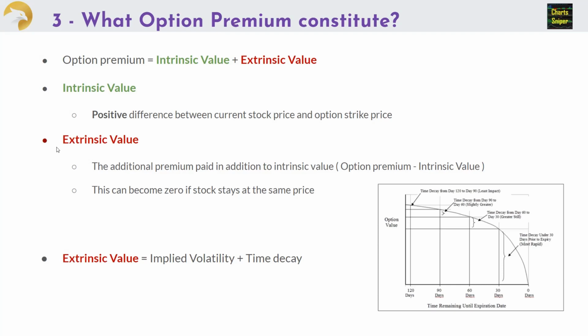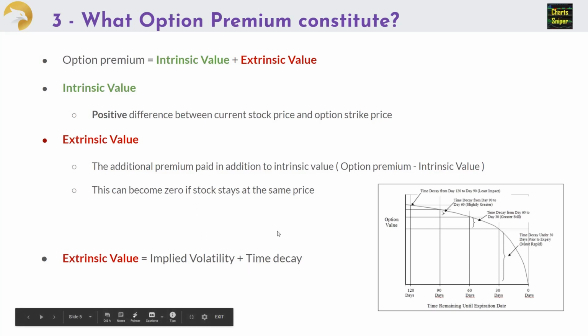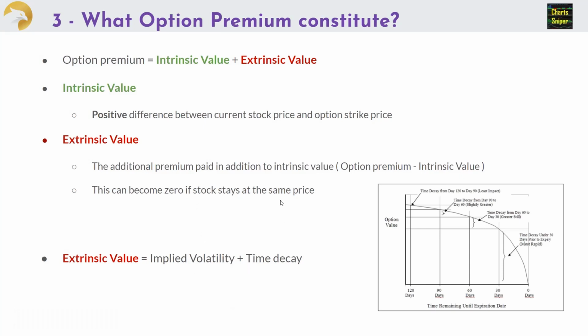The extrinsic value is always working against our main goal of making money. At a high level, it can be broken down into implied volatility and time decay.